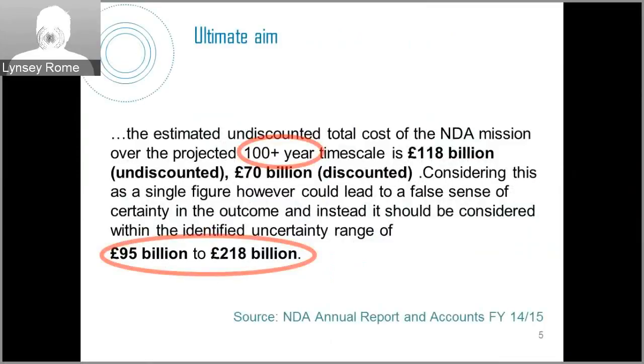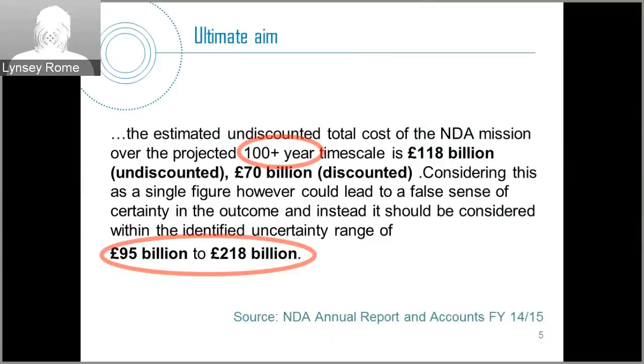And this final slide just includes some figures demonstrating the lengthy timescales and the high cost of achieving the NDA's mission. And really the ultimate aim of the research sponsored by NDA is to reduce these numbers, both the timescales and the cost. So the program is currently estimated to last over 100 years and will cost in excess of £100 billion.